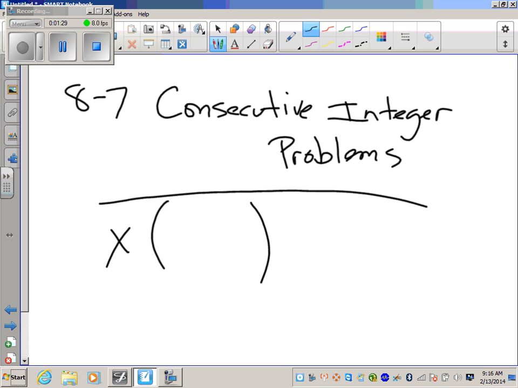What's going to happen to the x and whatever I put in here, what operation? Multiplication, which means I'm going to get some kind of a product. Consecutive. So x times x plus 1 equals 56. Okay? Take a look at the setup first of all and see if there are any questions with that.